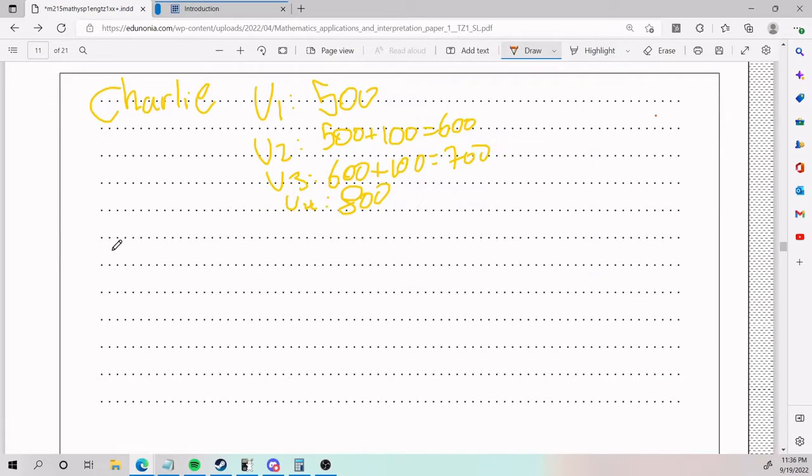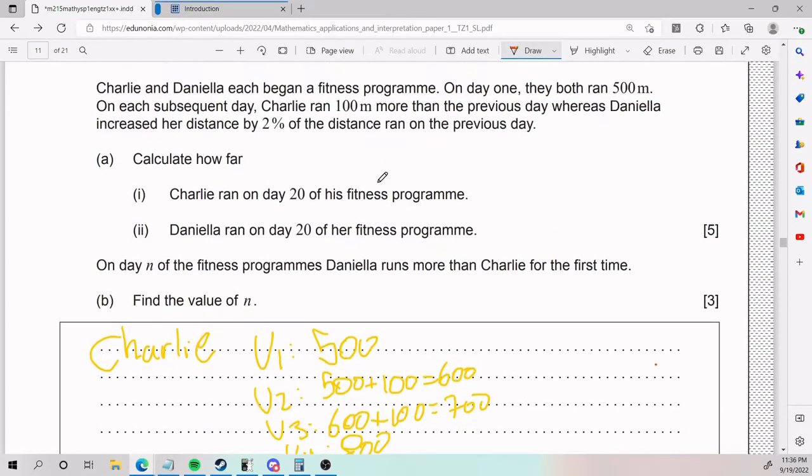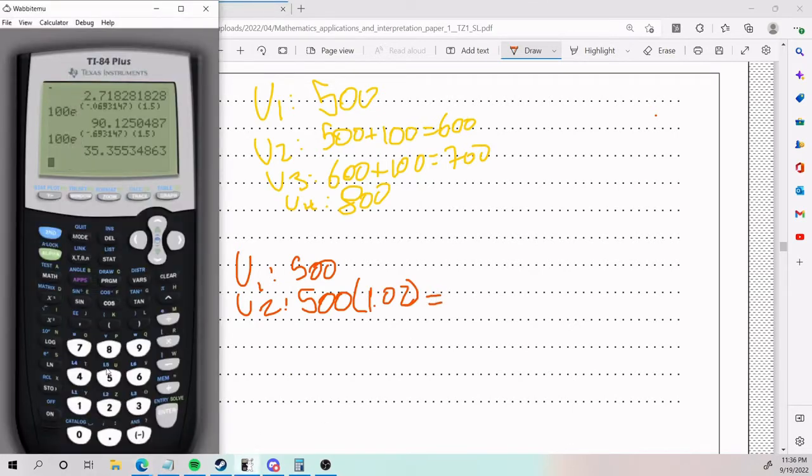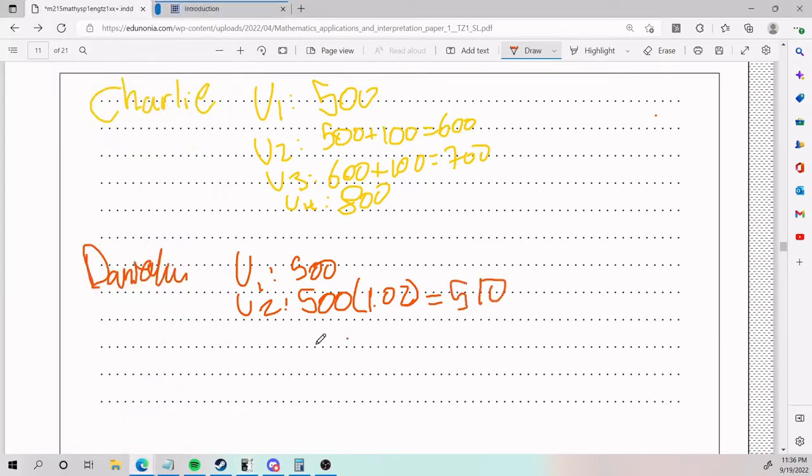Now let's look at Daniela. U1 is also 500, so that is something in common. U2 increases by 2%, so it's 500 times 1.02, and that gives me 510.